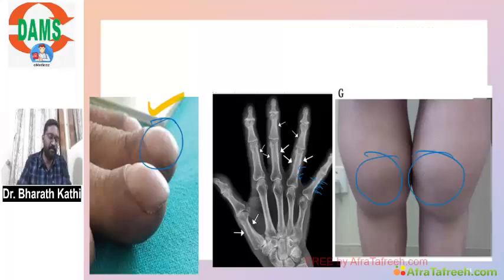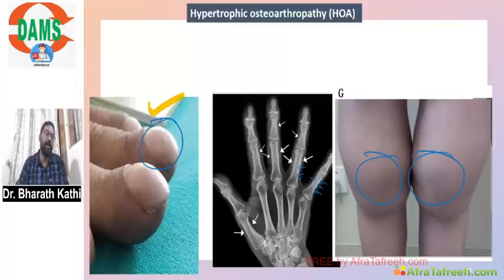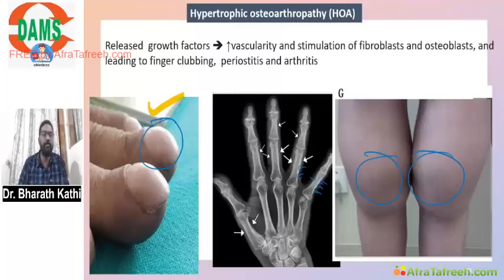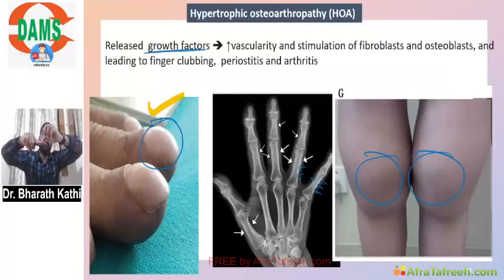This is the most severe form of clubbing, called hypertrophic osteoarthropathy. What will these released growth factors do? As time progresses, it will not only involve the tips, it will also involve the fingers and the joints.